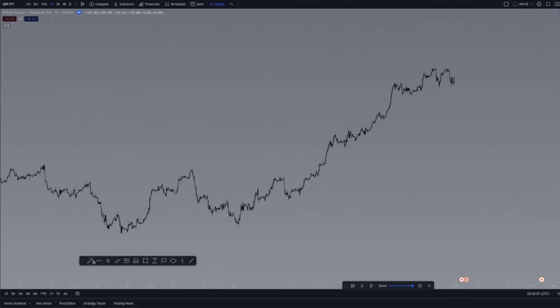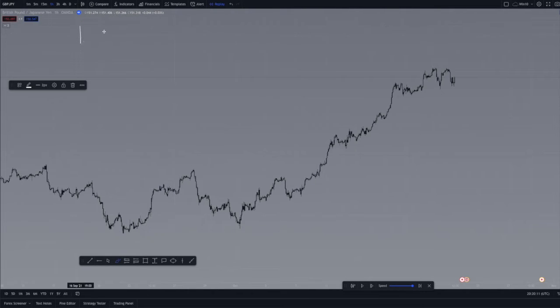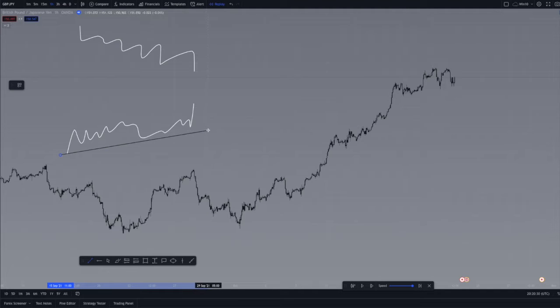As a quick example, let me draw this. Let's say this white line up here is representing the price action, and this line down here is representing the indicator that we're using to track price action. I know they're ugly, guys, I can't draw.